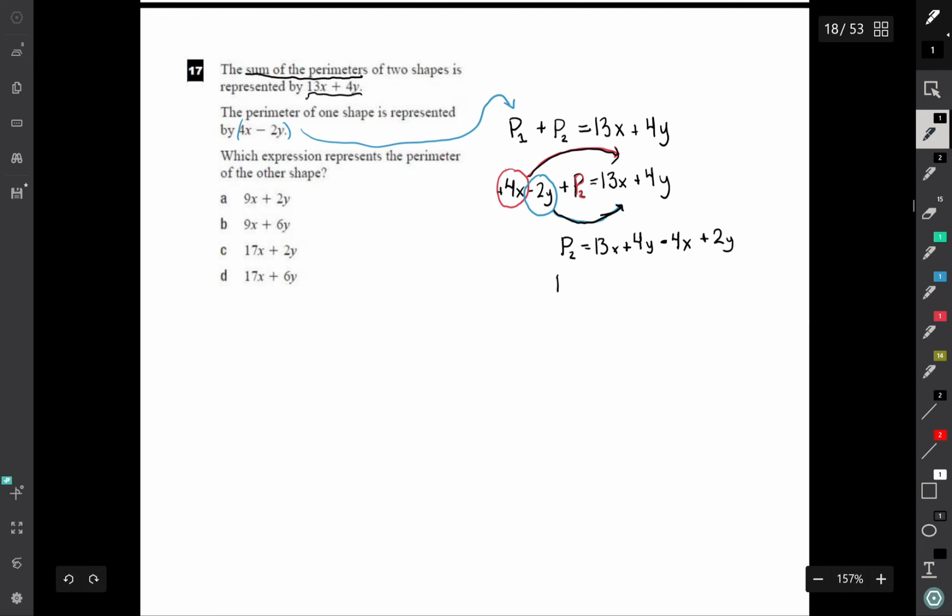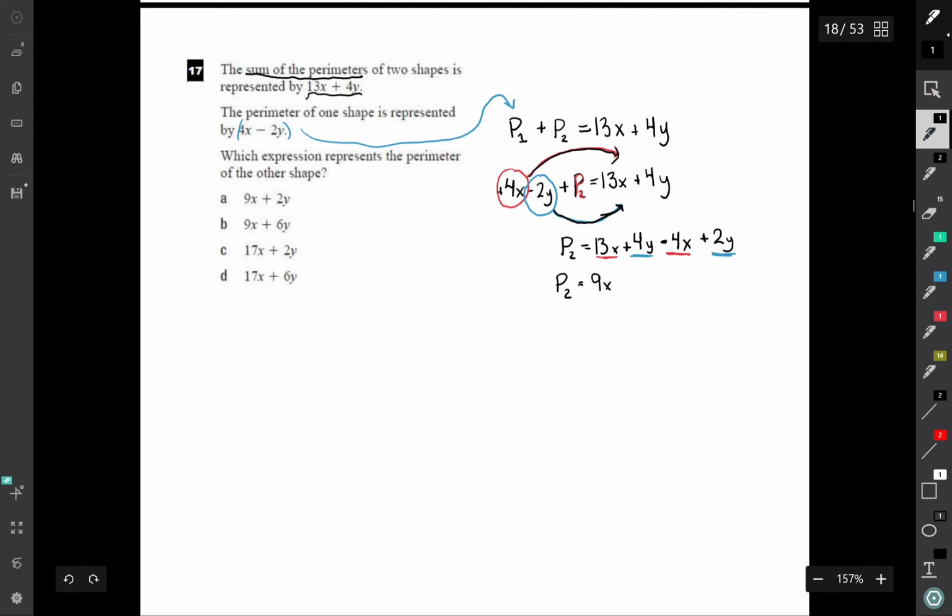Now I just have to collect my like terms. Remember, I can only combine terms that have the same variable and the same exponents. So these are like terms, and these are like terms, so I can combine those. 13x minus 4x leaves us with 9x.